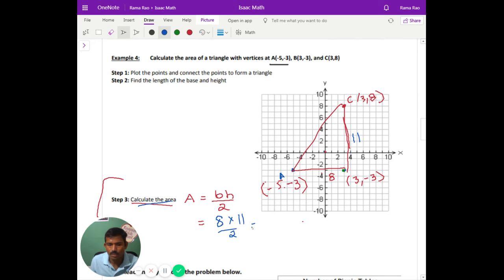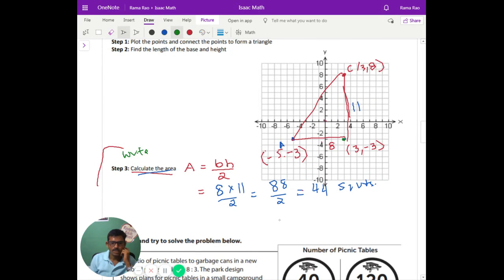So 8 times 11 is 88, divided by 2. That gives me 44. Okay, 44 square units. That's how you find the area of a given figure. Good work. Triangle area is base times height divided by 2.